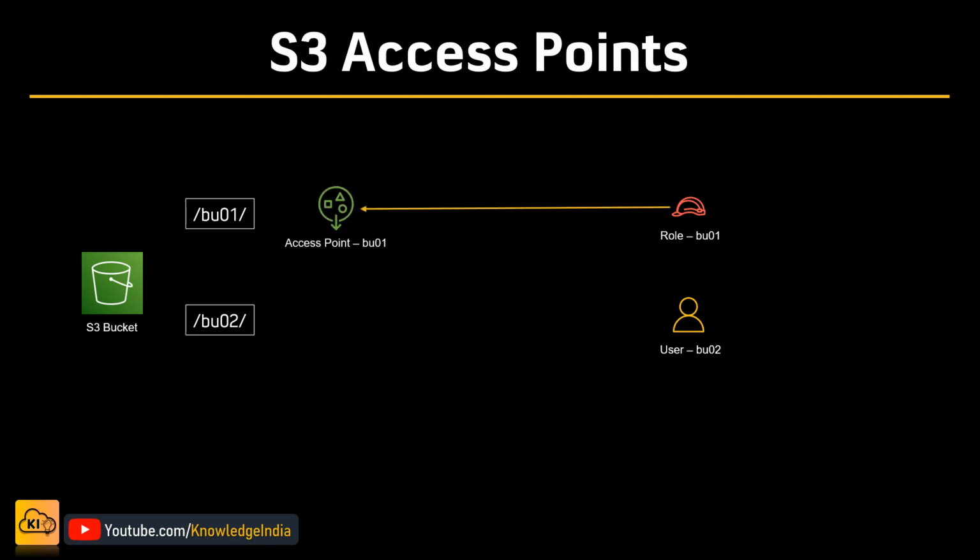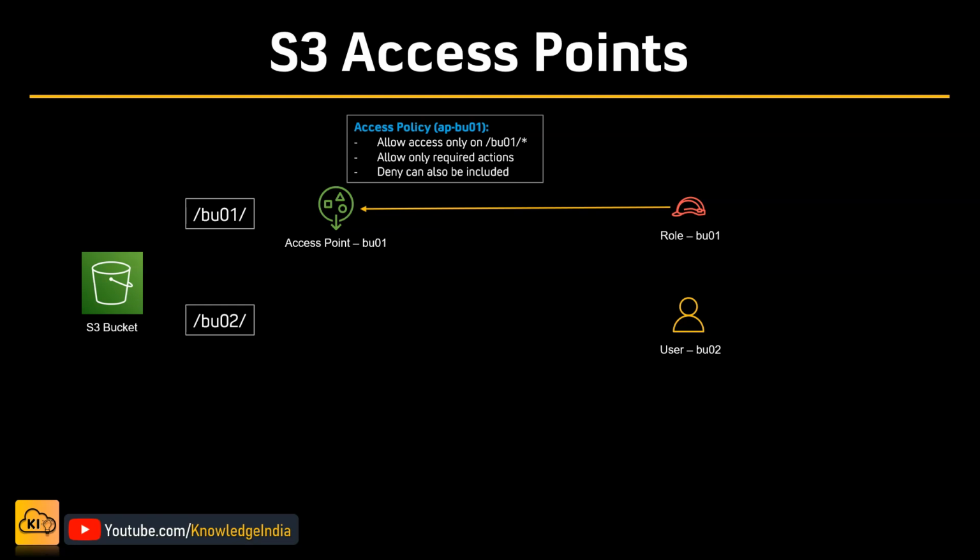Simple. So what we can do is create an access point. Let's call it APBU01, for example. On that access point, we will apply an access policy, and in that policy, we will write that actions are allowed only on the /BU01 folder, right?